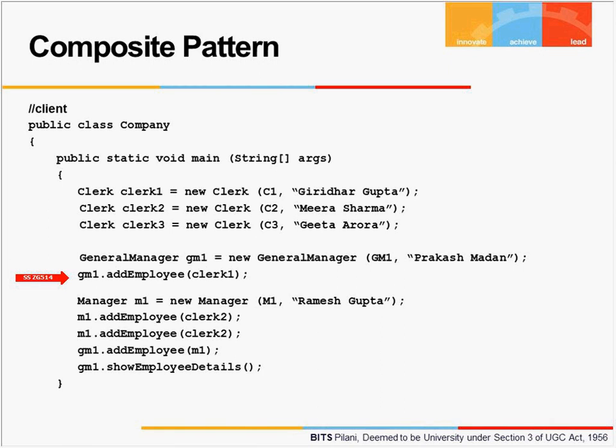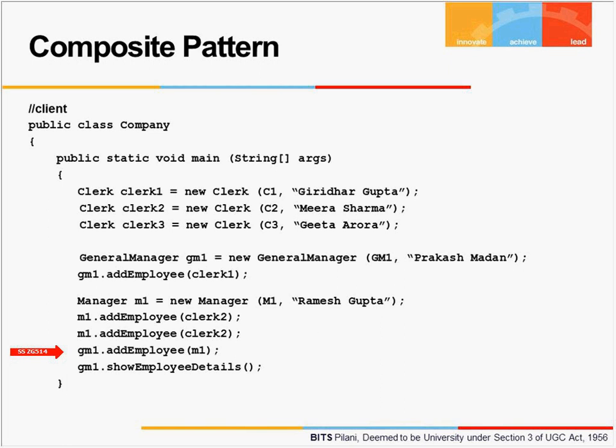Another manager, right? And this manager had two clerks inside it, so clerk 2 and clerk 3 are added to this particular manager. This M1 is now added to the General Manager, GM1.